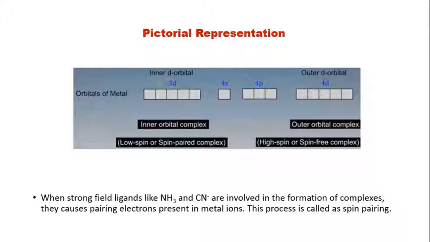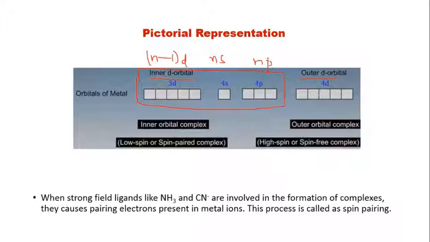Then this is the pictorial representation showing inner d orbital and outer d orbital. Here I have taken the n value as 4. So n minus 1 will be (n-1)d. This is (n-1)d, this is ns and this is np.